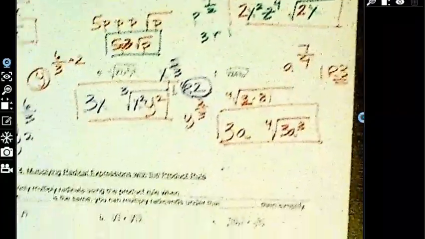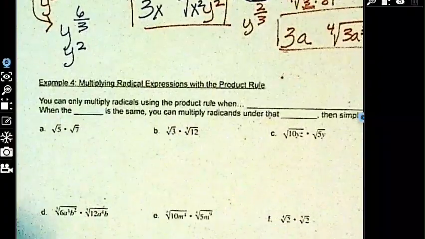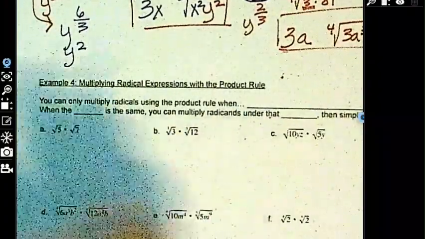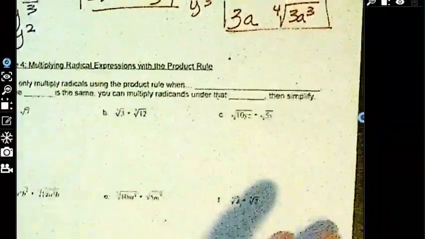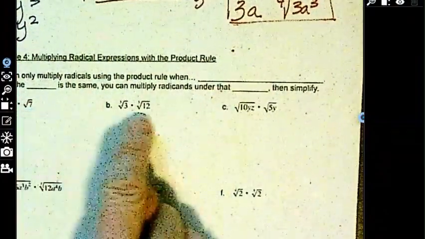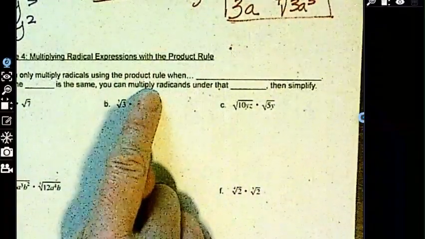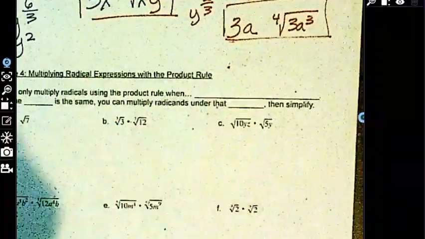Okay. Now, let's do a little bit of multiplying to finish ourselves off. So, we'll do addition later, next class or two. When you're multiplying radicals together, let's remember what the product rule is.